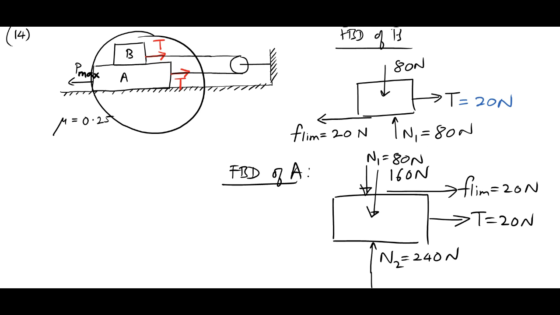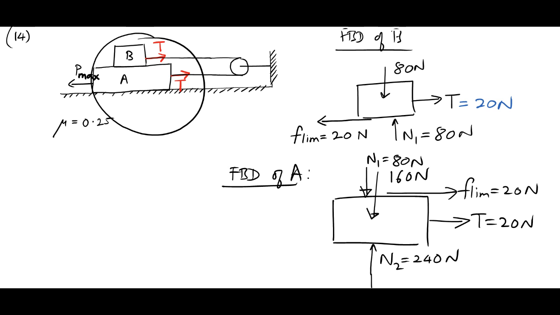And there's one force left, that is the friction exerted by the ground on block A at the bottom. There is also P, so we can write P max. Just place yourself in the reference frame of the ground.